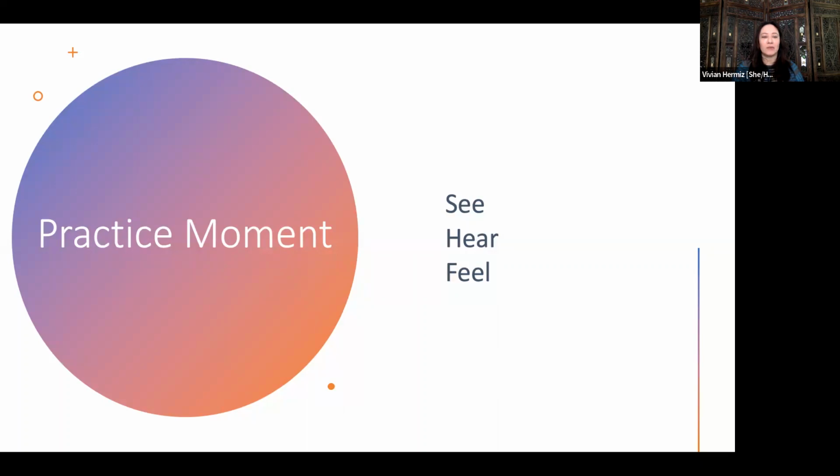Hear, whether it's an internal dialogue or an ambient sound, or feel, whether it's based on an emotional sensation or just a physical sensation absent of emotions.